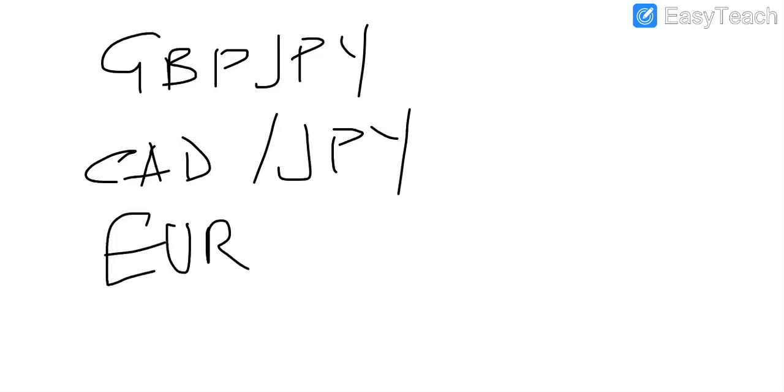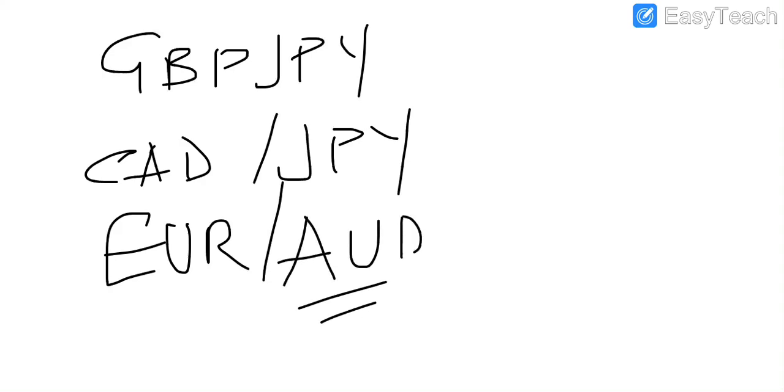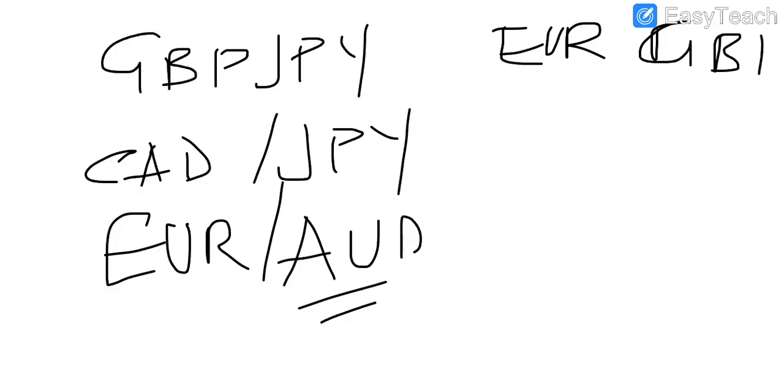We have GBP and Japanese yen. We have the Canadian dollar and Japanese yen. We have euro and the Australian dollar. We have euro and GBP, the Great Britain pound.